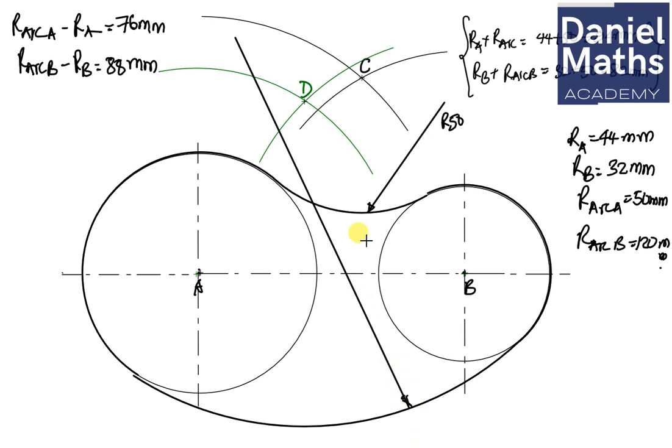So I have this, and that is radius 120, arrow 120. Okay, now we have these two radii. Now I also have this radius here, from this point to this.